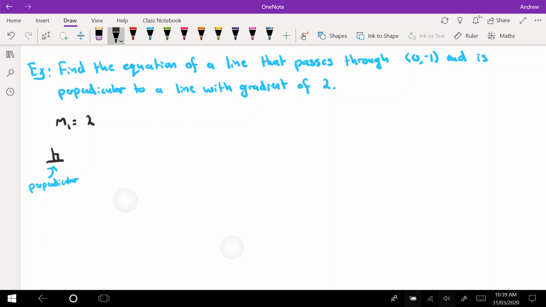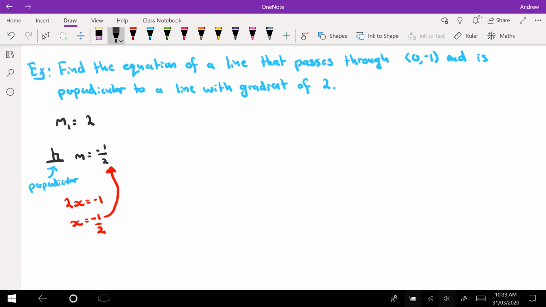The perpendicular gradient is going to be -1/2. Okay? If two lines are perpendicular, then they multiply to give -1. So really I could write it as 2x equals -1, so x equals -1/2, which is how I got this here.